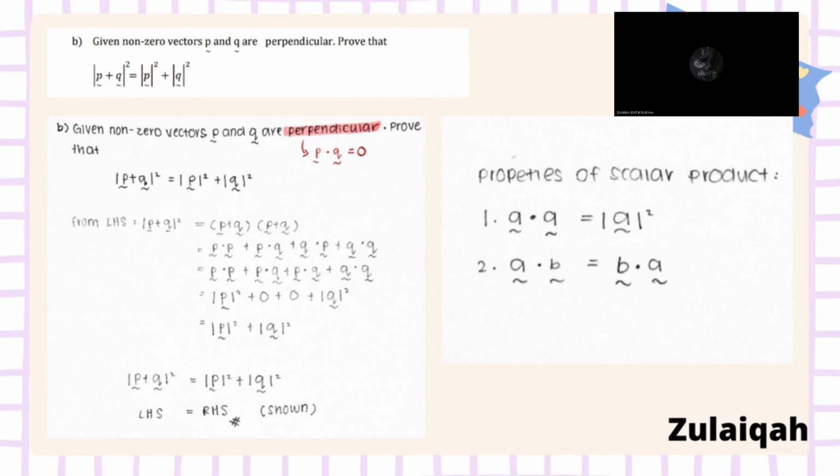So kita akan dapat jawapan modulus P square plus modulus Q square.